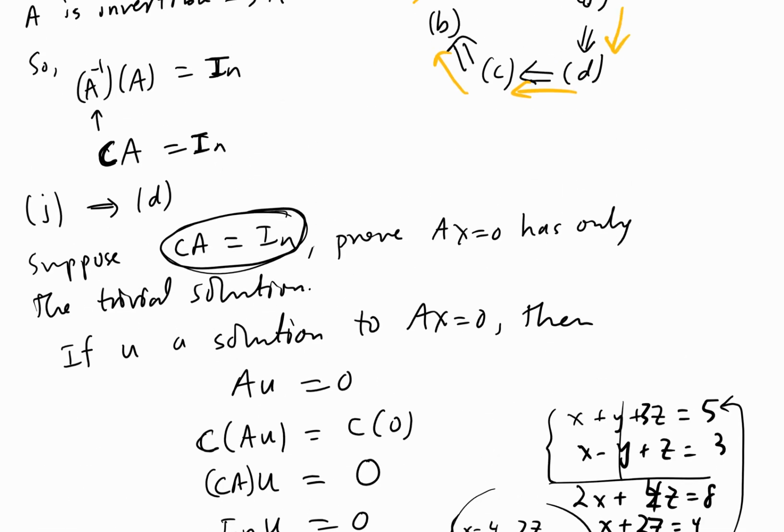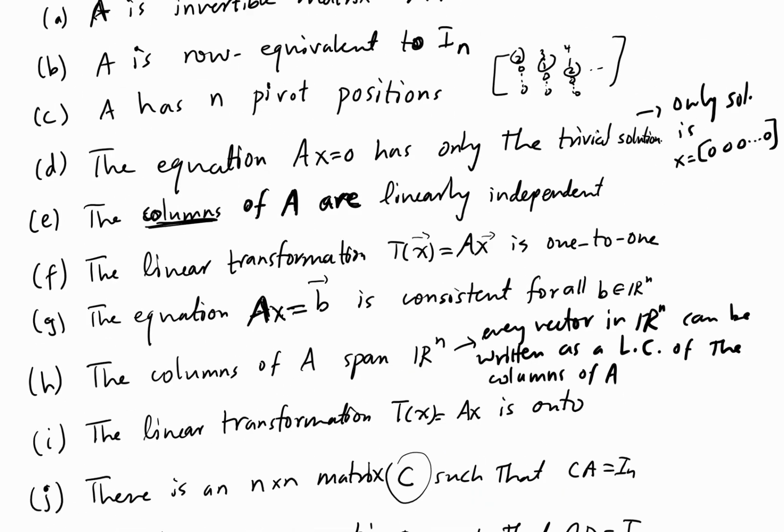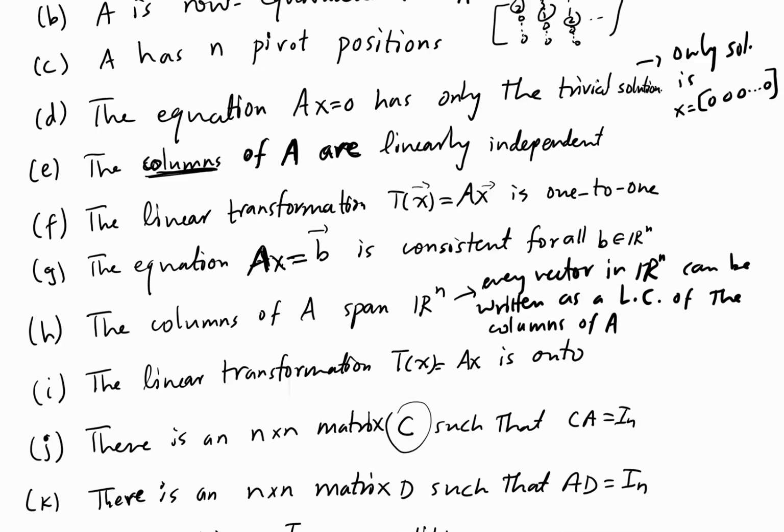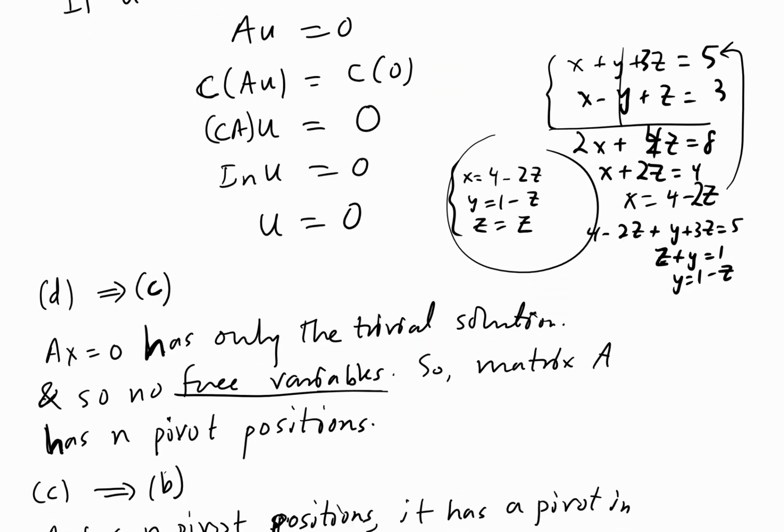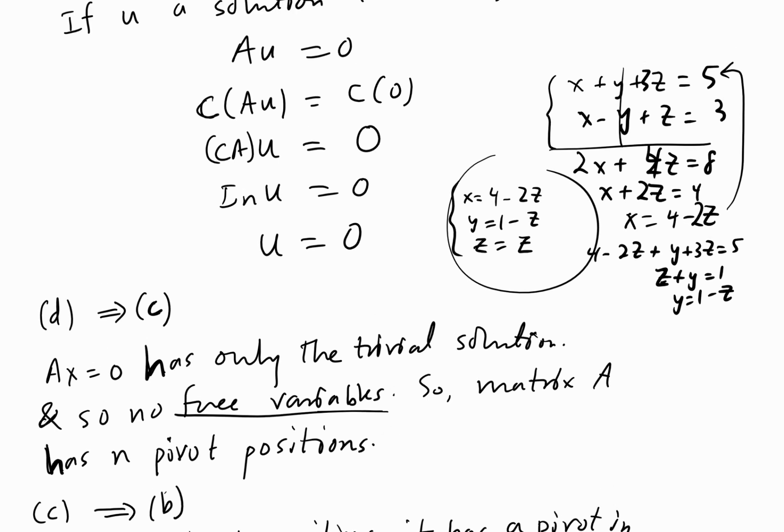And what is B? B says A is row equivalent to IN. So how do we connect these together?